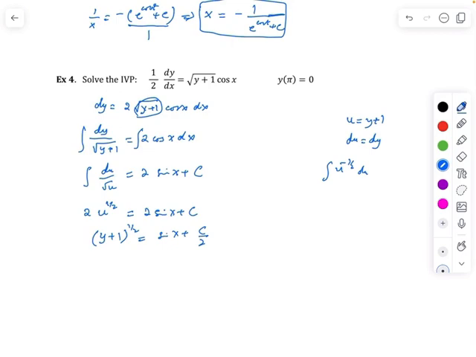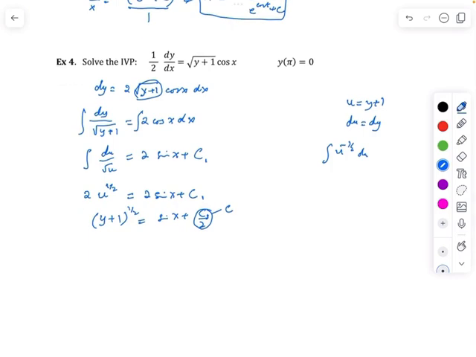Now if you want, we can leave it as c over 2, or we can call this c1 and now call this a c. So c will be equal to c1 over 2, or we can just leave it as c1, because c1 is a constant, divided by 2 it's still a constant.